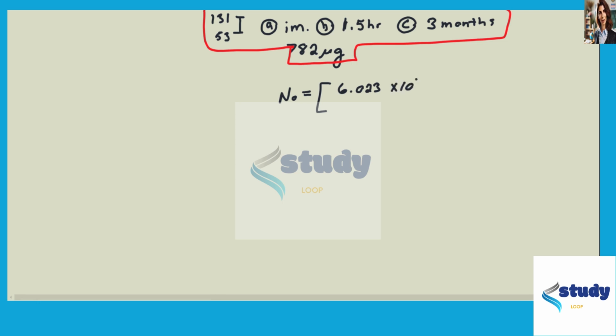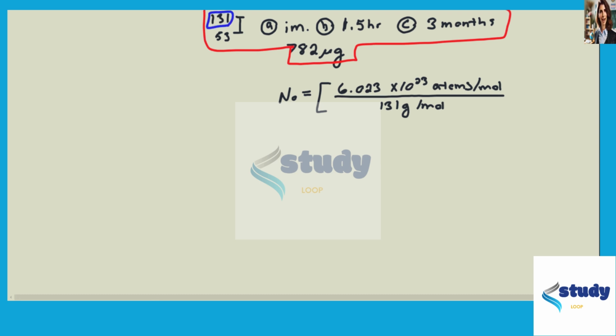If you take chemistry, this is very similar to your chemistry. And then you have 131 grams per mole, and again, that's from this.